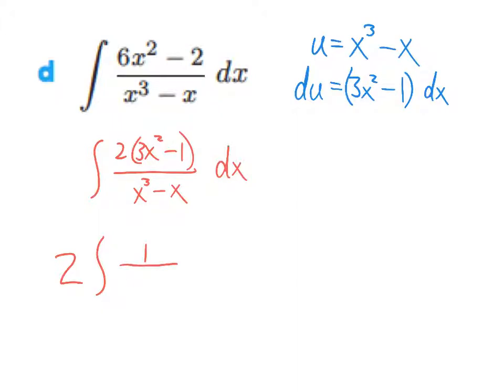So I now have 1 over x cubed minus x times 3x squared minus 1 dx. I do that so you can see that the du was the 3x squared minus 1 dx, and now I have that right here. So you have to manipulate it a little bit in order to get the du properly in there.